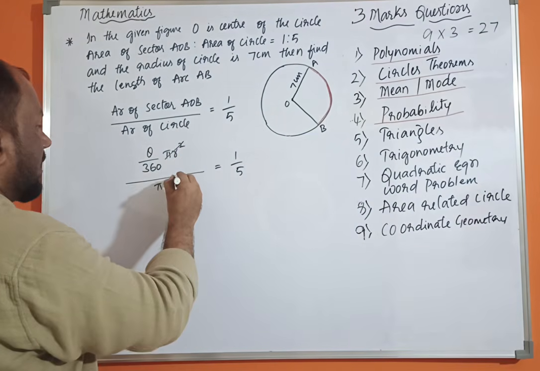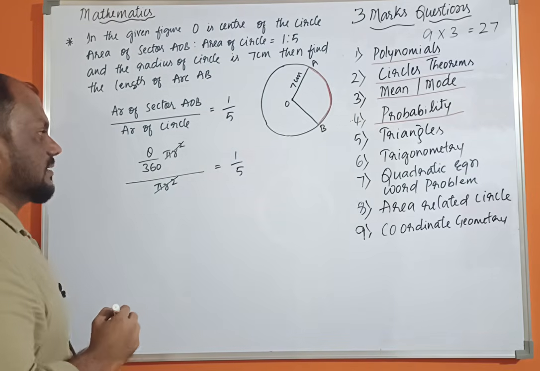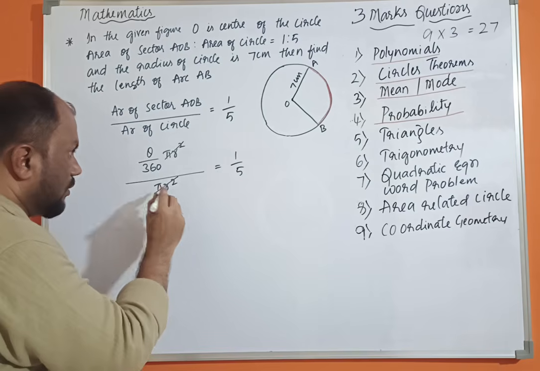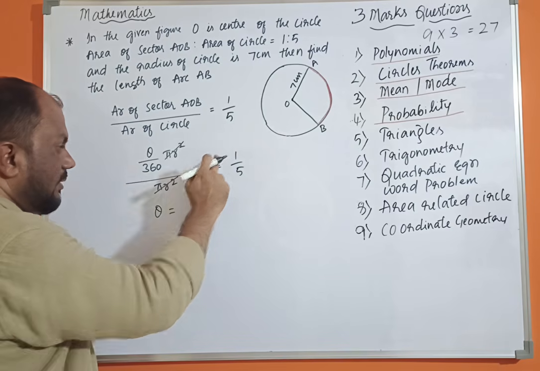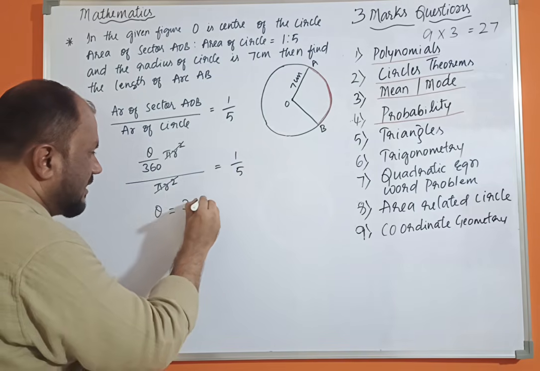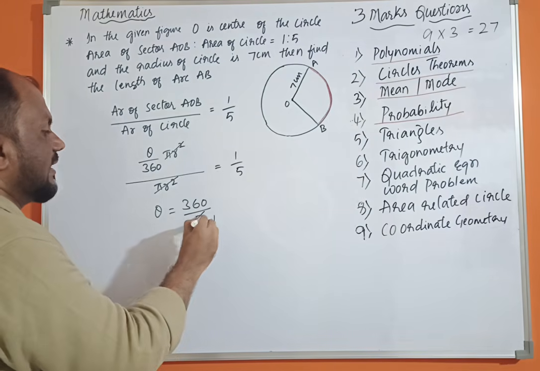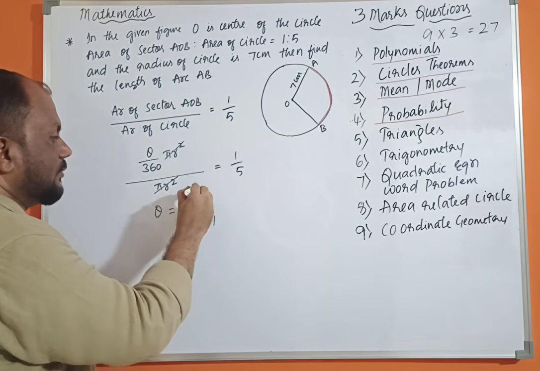So now pi r square gets cancelled. Now you can take theta is equal to this 360 should be multiplied with 1, 360 divided by 5. So 5 1 time, 5 7 times, 5 2 times.